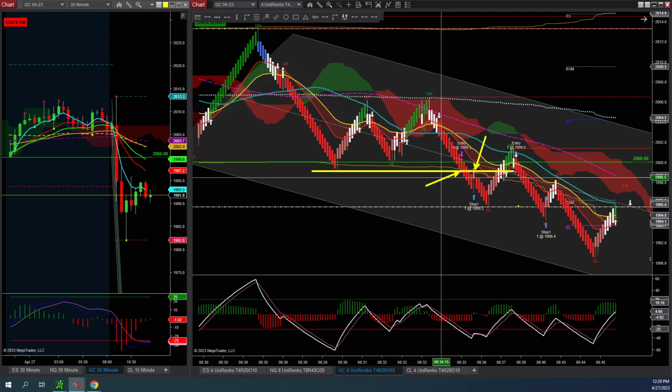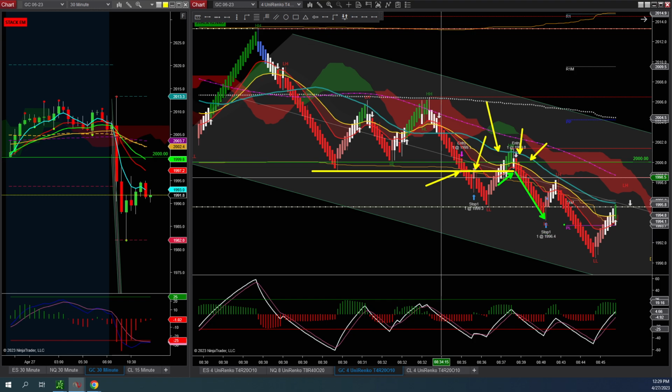Now the market started to move up again, and then I saw a wick out of this moving average here, which is the 50 SMA, and then it moved back down. So I took the trade right there. I'm going to change the color in here. I took the trade and it moved down below.